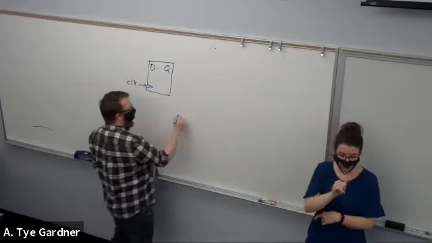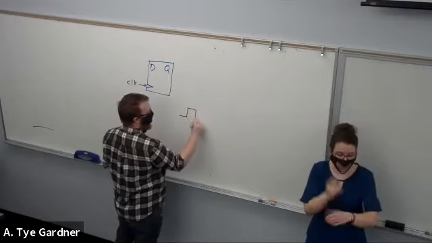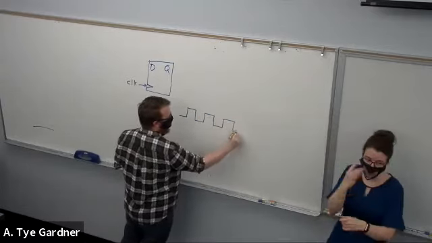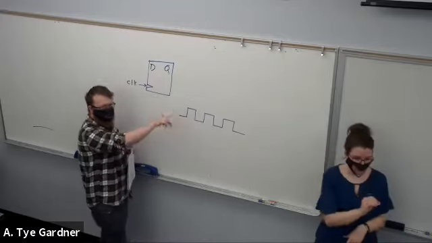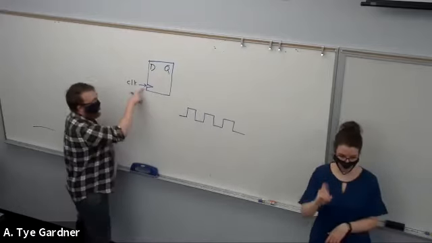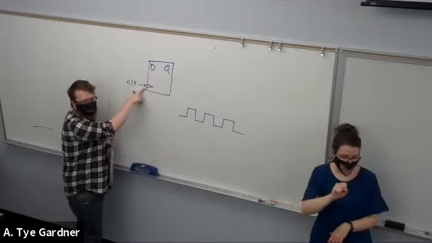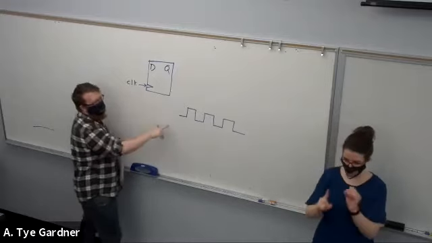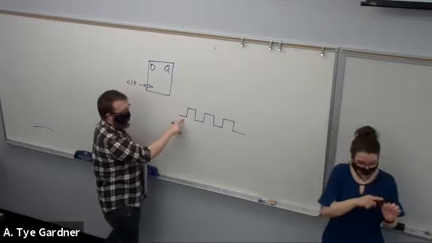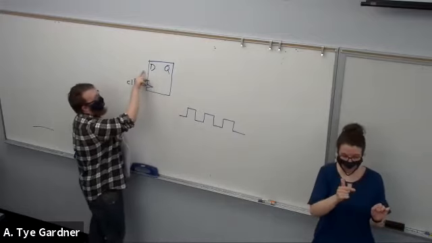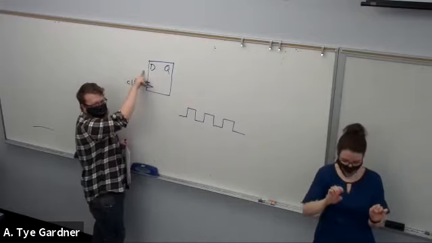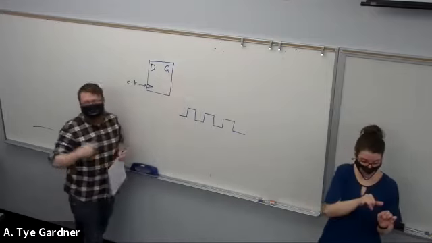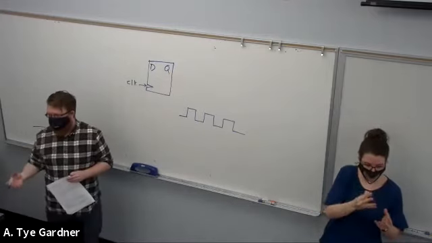A digital clock looks like a series of 1s and 0s, 1 0 1 0. Because there's no inversion bubble on this clock, it's rising edge sensitive, meaning at the rising edge, when it goes from 0 to 1, it will take whatever is on the D line, the data line, and store it to the Q. And it can't update until the next clock edge.